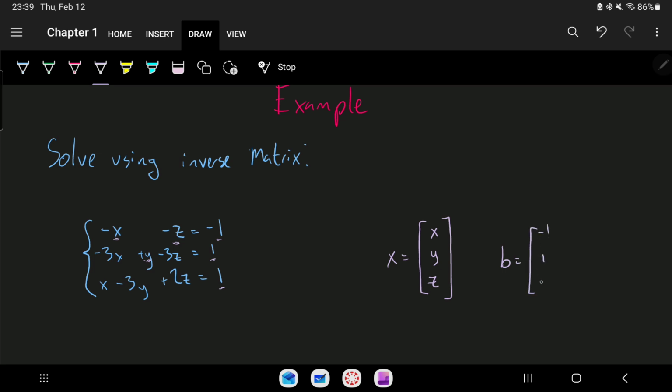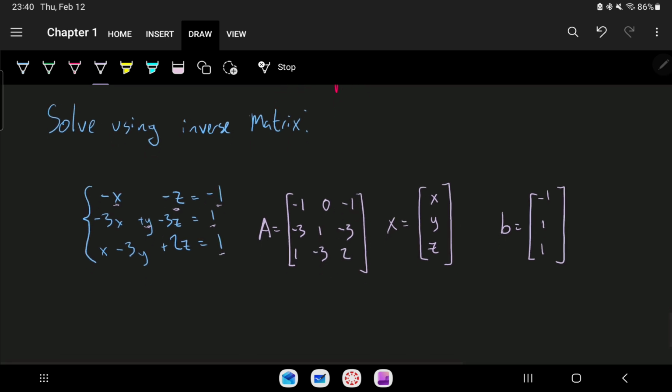So in this case, -1, 1, and 1. And all of that which is left over is going to be A, the coefficient matrix. So I'm just going to go right across. It's going to be -1, 0, and -1, and so on and so forth. Hopefully by now you're pretty comfortable reading these off, but if not, just practice, practice, practice, and you will get there, I promise.